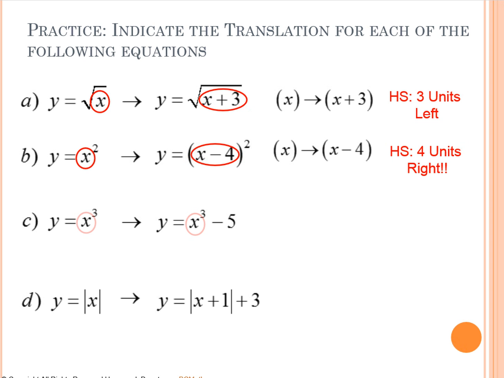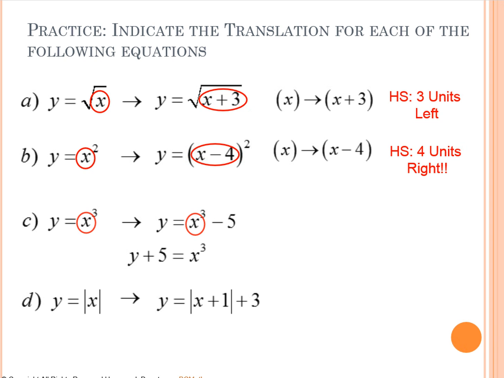Good. And for c, when I circle my x variable, you'll notice that the x variable is not changing. So I'm not dealing with a horizontal translation this time. In fact, what I see here is a negative 5, and if I bring the negative 5 over to the other side, when you bring a negative to the other side, it becomes positive.